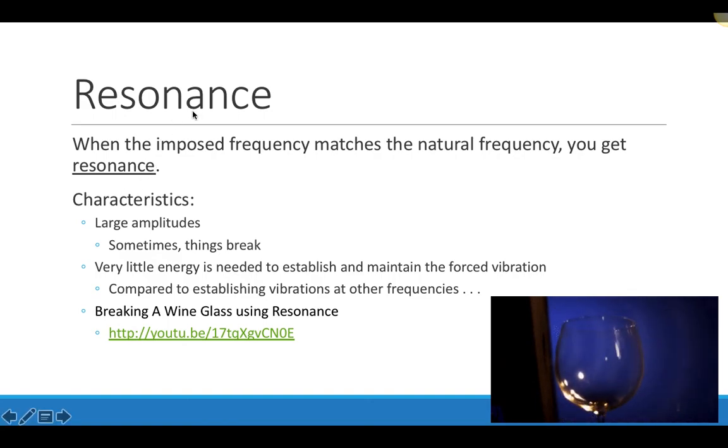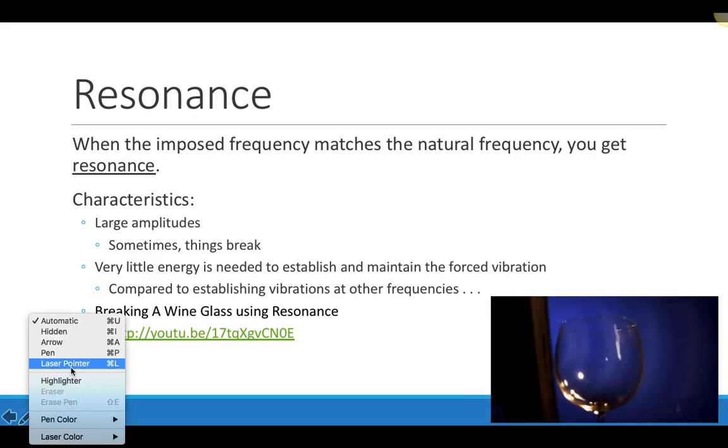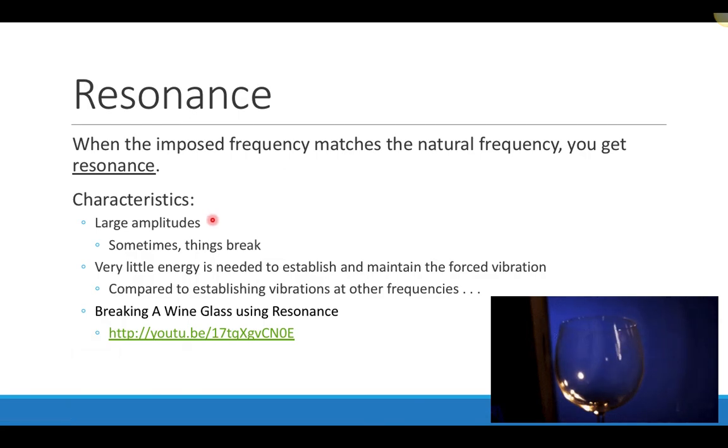Again, resonance is when you match the natural frequency of vibration of the object and force it to vibrate at that natural frequency. Some of the characteristics of resonance are that you can have very large amplitudes of the wave and of the object that's actually vibrating.